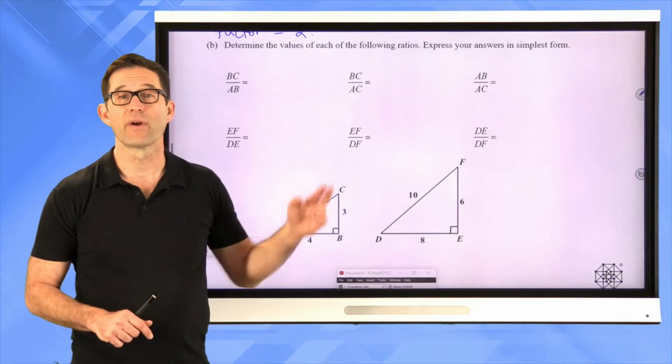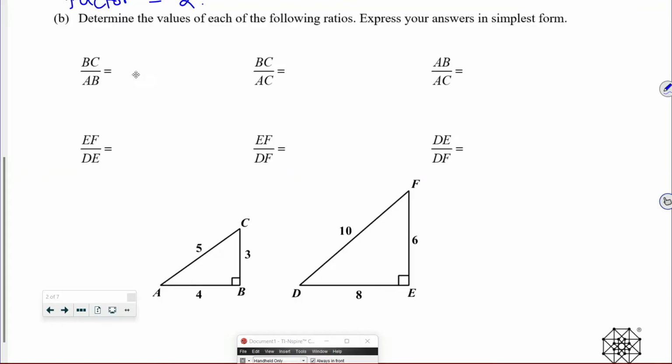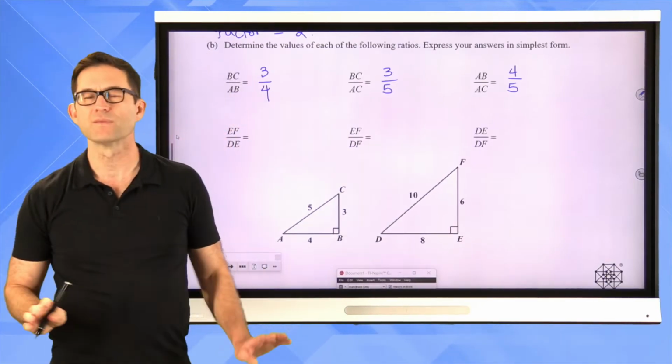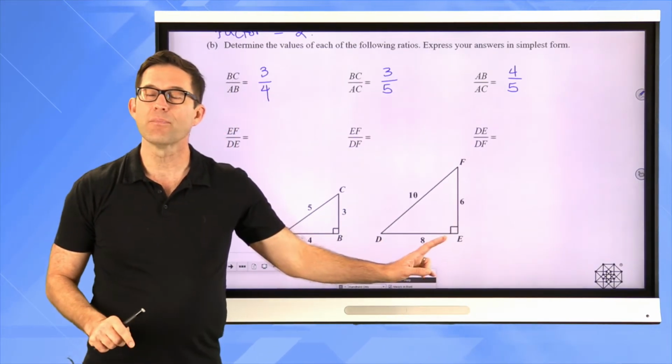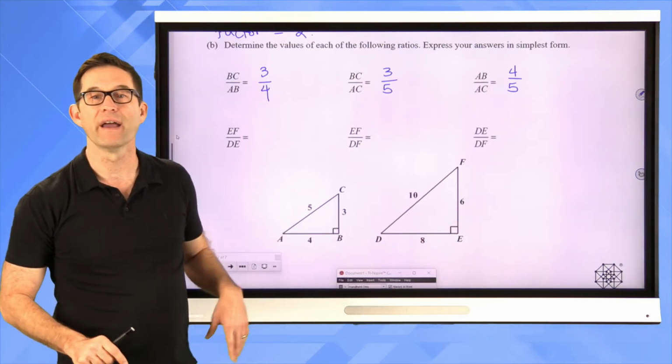All right, simple enough, right? BC divided by AB, that's easy enough. That's just going to be 3/4, and there's nothing we can do to simplify that. BC divided by AC is going to be 3/5. Again, nothing we can do to that. And then AB divided by AC is going to be 4/5, and again, nothing we can do to simplify that. So simple enough. Now we skip over to this larger triangle, and we've got EF divided by DE.